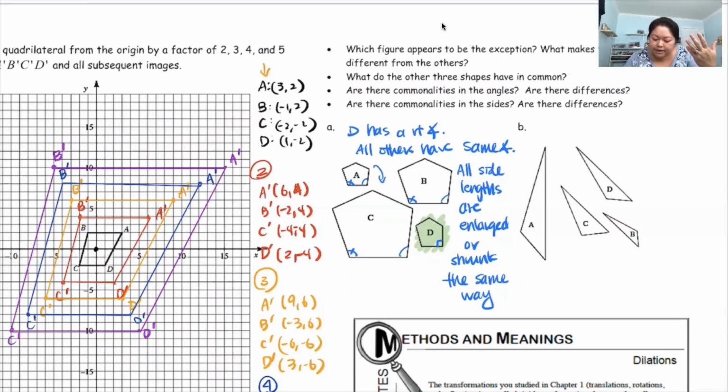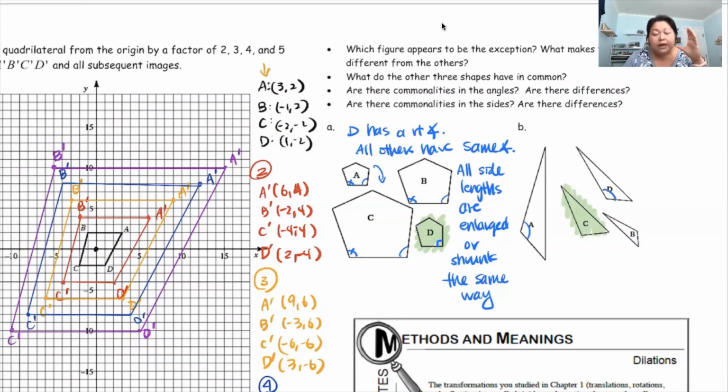Okay, same thing here. Let's see. Part B, same idea. Which of these triangles, which one doesn't match? Well, I'm going to say that is triangle C. Why? Because I can see that in angle A, there's a really nice big obtuse angle there.